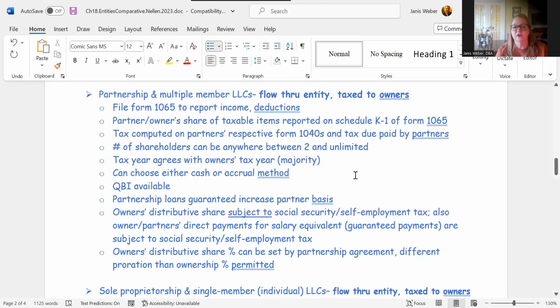The owner's distributive share is subject to Social Security tax, or self-employment tax, as it turns out. Social Security is what you pay for wages, and self-employment is for contract labor or self-employed income. And the partners' direct payments for salary equivalent, which are called guaranteed payments, are also subject to Social Security through the self-employment tax. Really, when I refer to Social Security tax, I'm talking about FICA and Medicare.